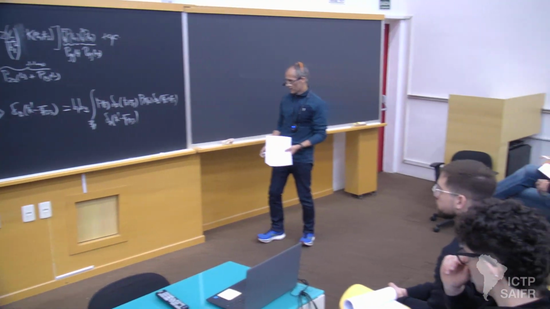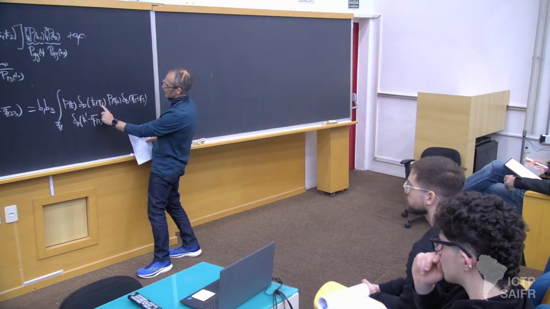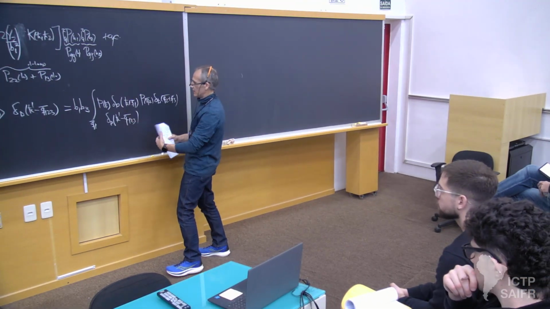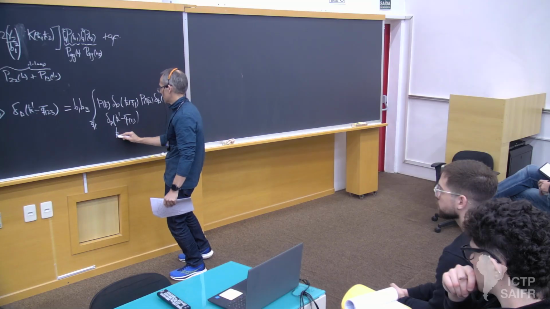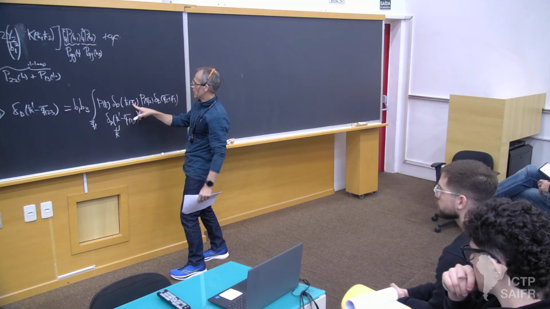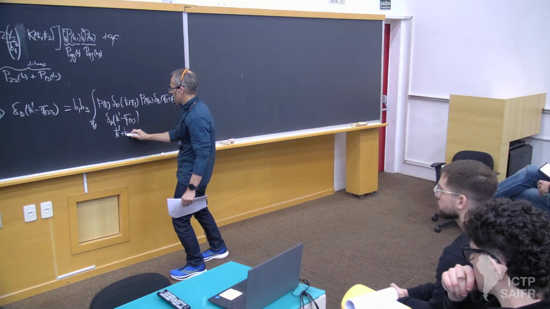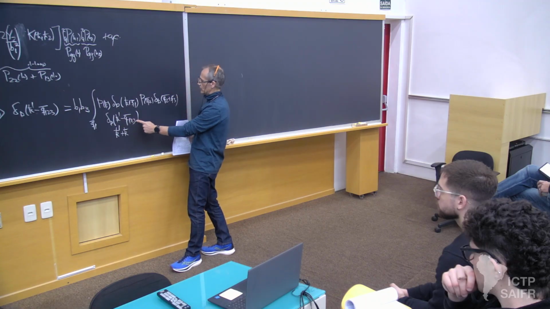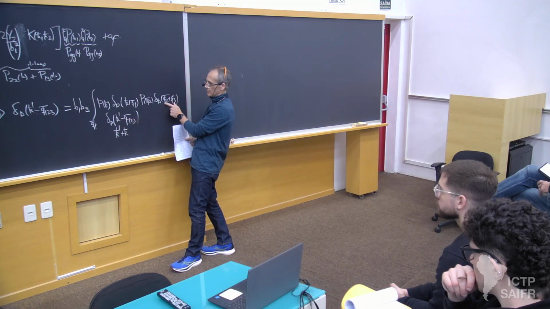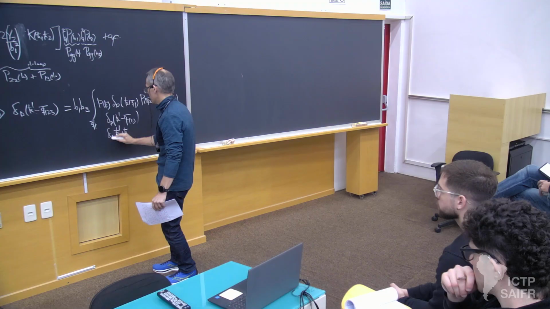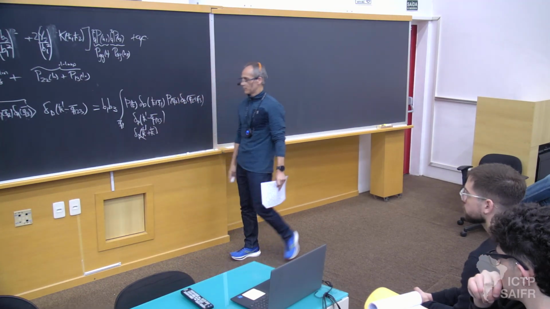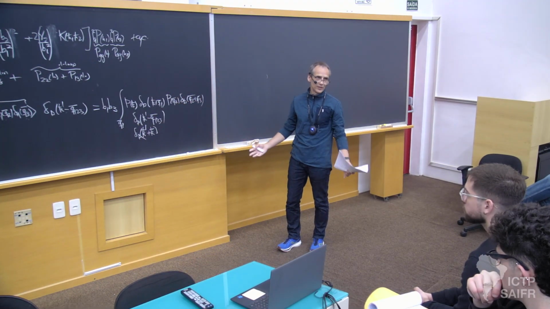Now check this out. Q1 is minus K. So let's count here what I get. I get K prime minus Q1, but that's K. And then minus the sum of Q2, Q3, but this is 0. So this guy becomes a delta function of K plus K prime, which you better get, right?